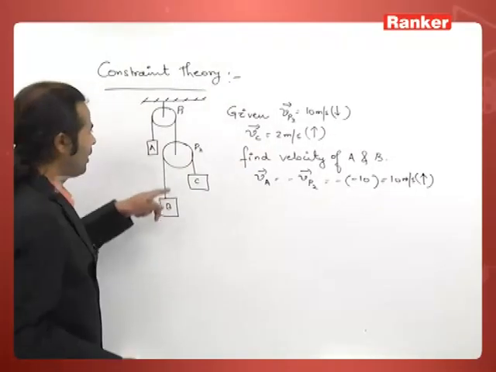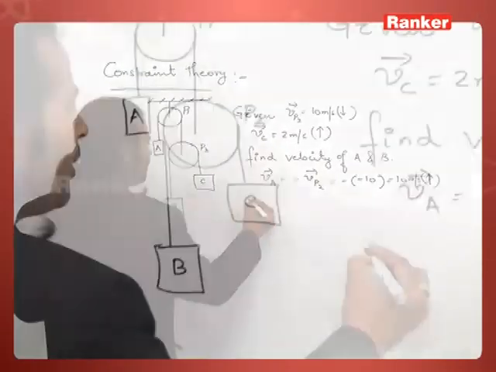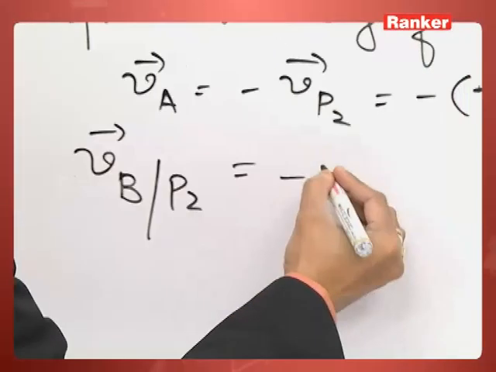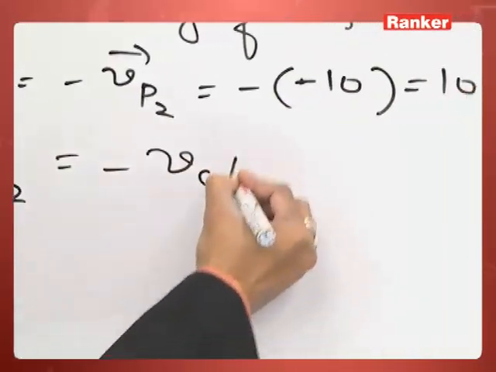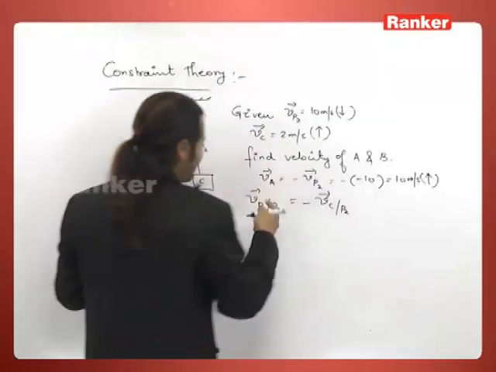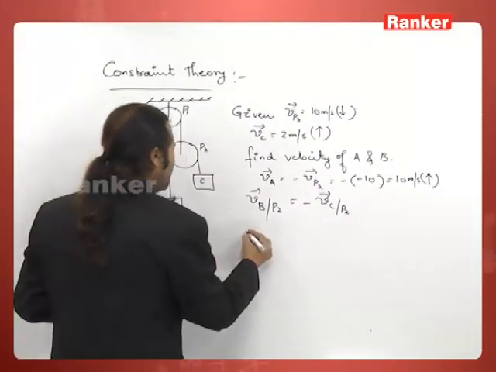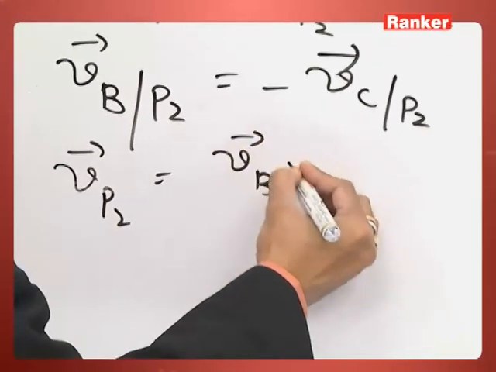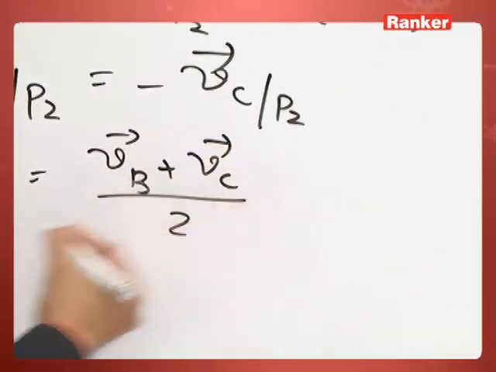Now we will have velocity of B with respect to P2 is equal to minus velocity of C with respect to P2, which we described just now. I directly write velocity of P2 is equal to velocity of B plus velocity of C divided by 2.